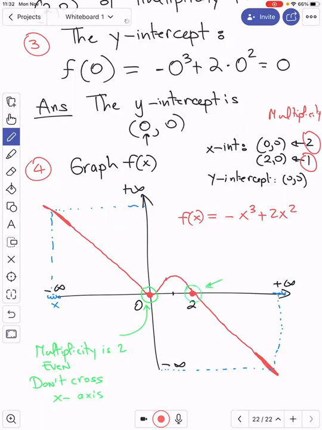It's just a one-time solution, so multiplicity is odd, which means you have to cross the x-axis.